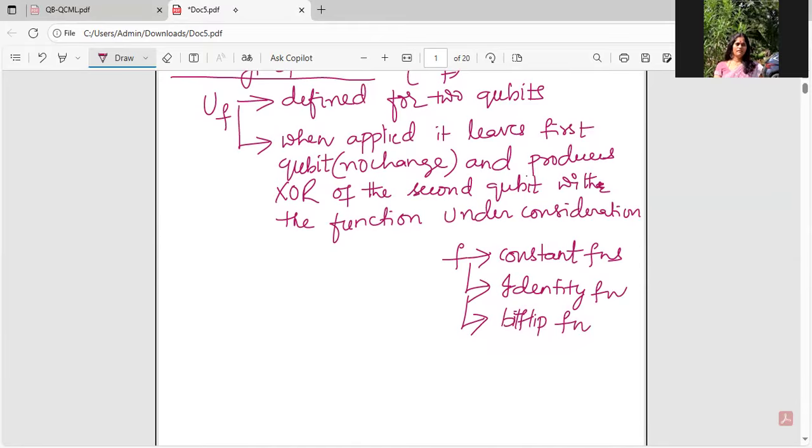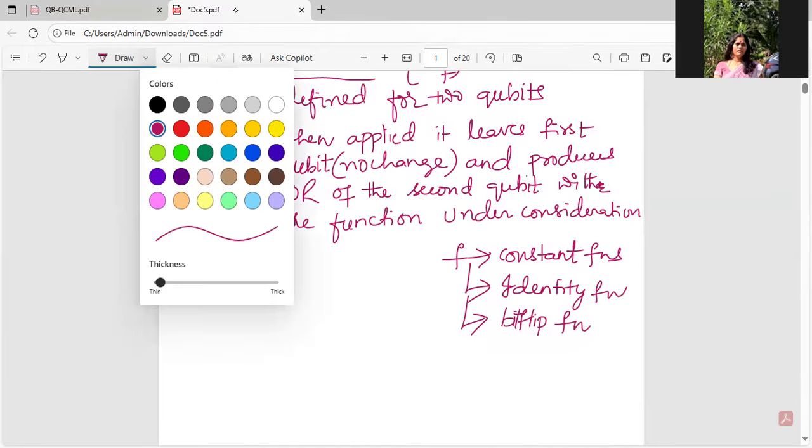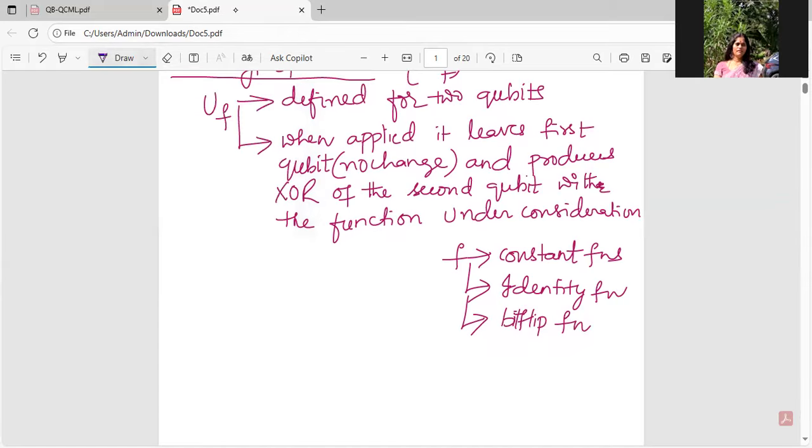Let us see the mathematical way of writing it in terms of exclusive OR. UF, when applied on 2 qubits, is written as UF of x comma y equals x comma y exclusive OR f of x.